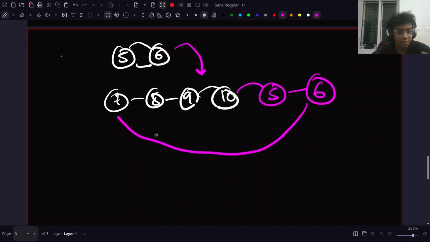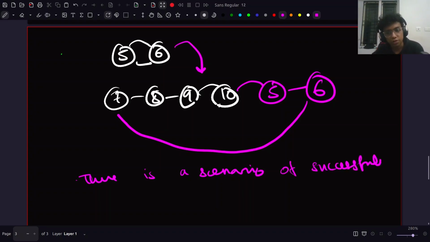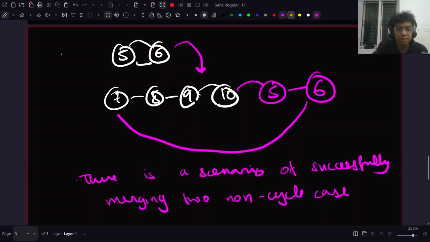There is a scenario of successfully merging two non-cycle cases, right? Two non-cycle cases. And this is how we're doing it. Basically we had 10 and 9 be neighbors like this, right?